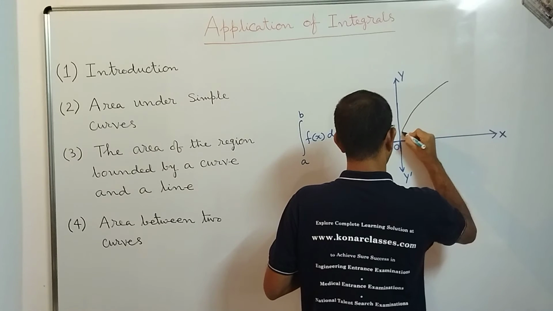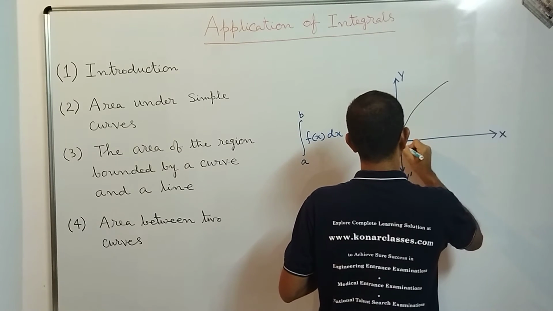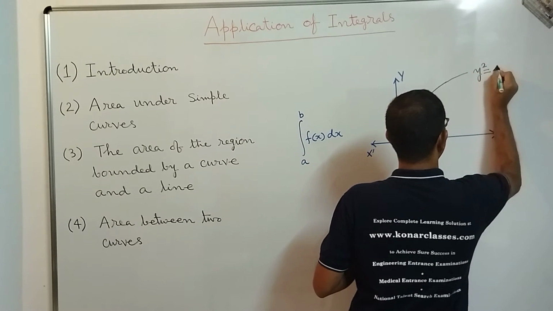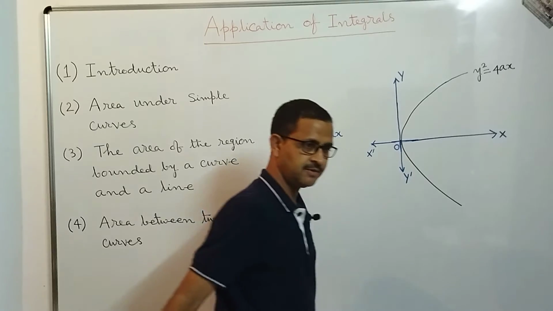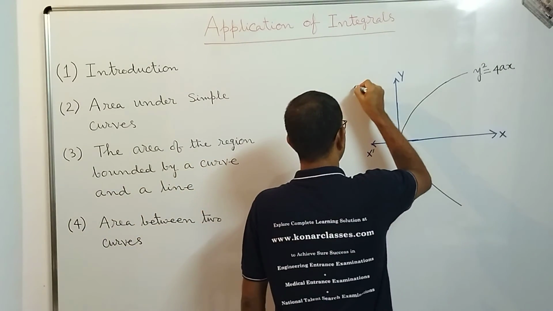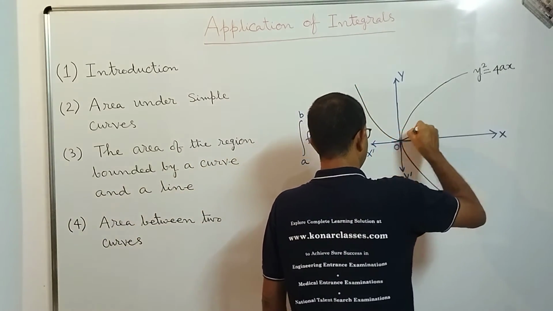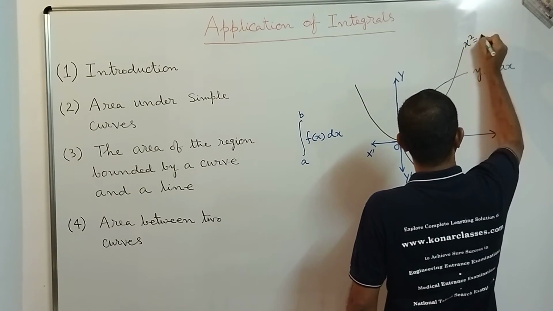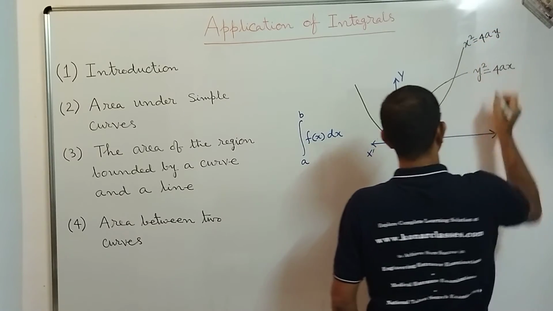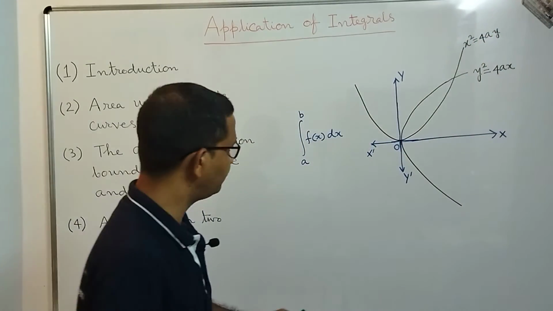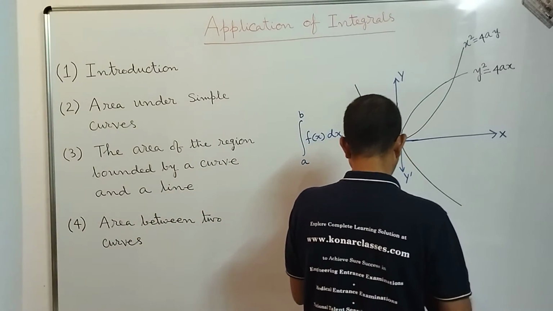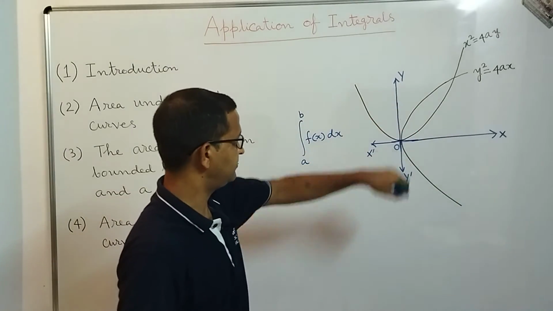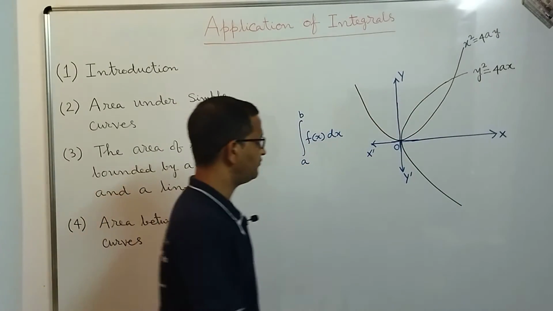Suppose this is one parabola and its equation is y square equal to 4ax, and another parabola whose equation is x square equal to 4ay. Now we are interested to find the area bounded by these two curves, y square equal to 4ax and x square equal to 4ay.